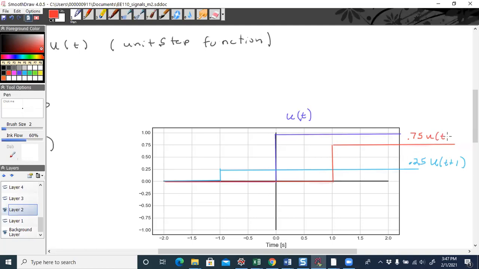And it is delayed by 1. And in this case, we'll still call that a step function.